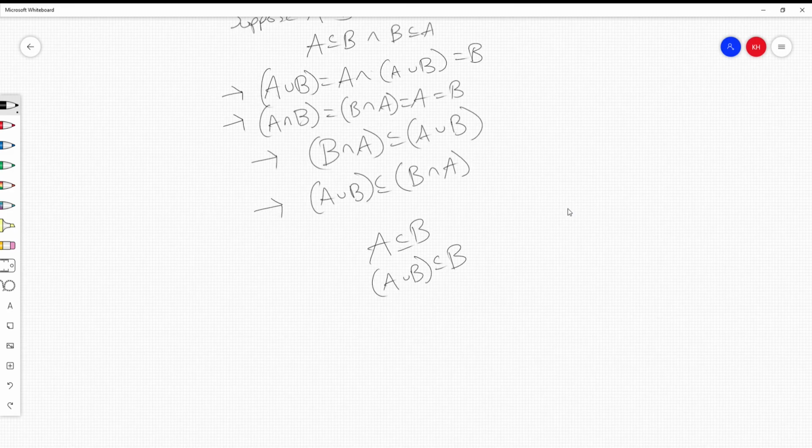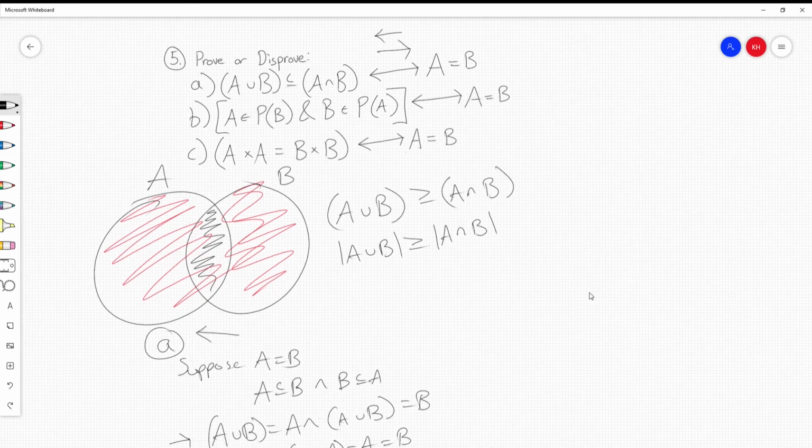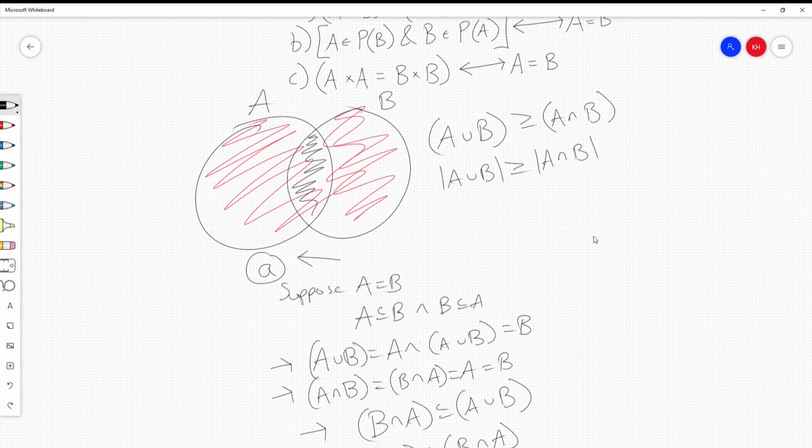So let's go on and do left to right. We're supposing A union B is a subset of A intersection B. And remember, visually speaking, this is what it looks like, that it's only happening in here.